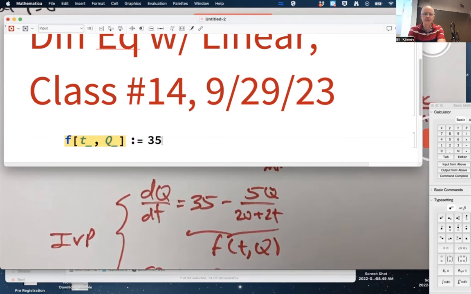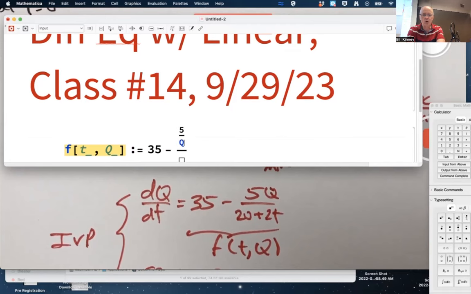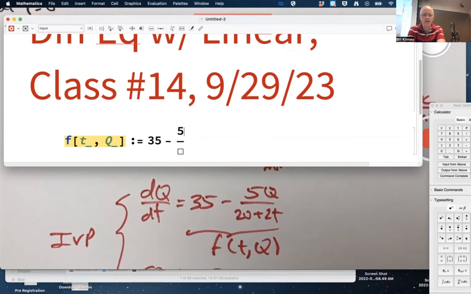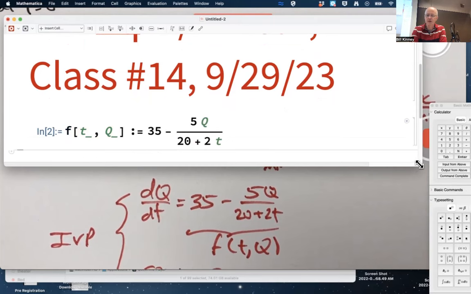It's the right-hand side function. It's the 35 minus this fraction. I can hit this fraction button here. 5q, oops, not 5 over q, 5q over 20 plus 2t. Enter it with shift return.